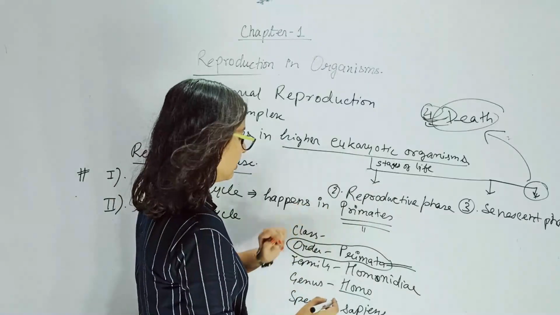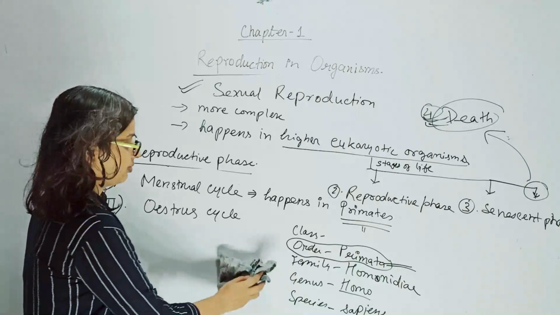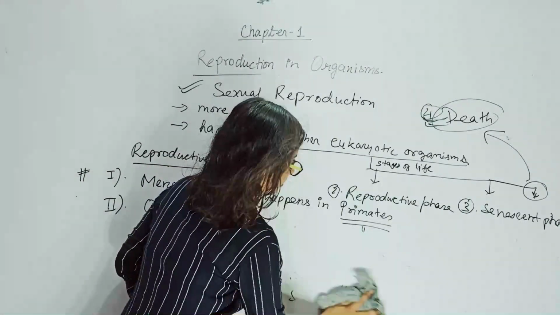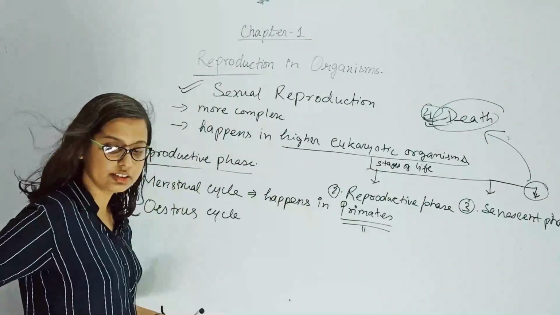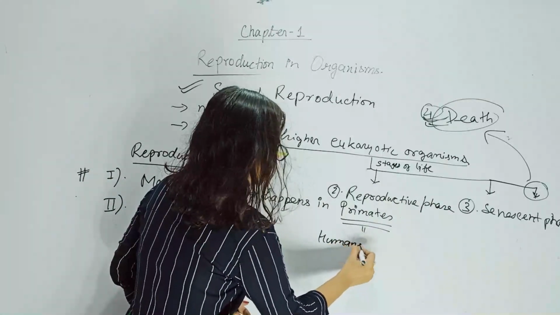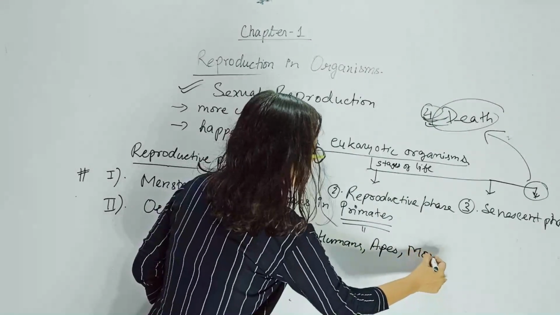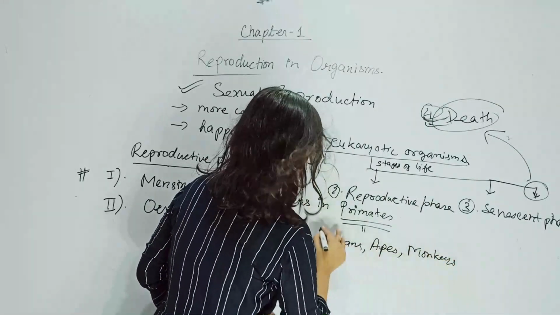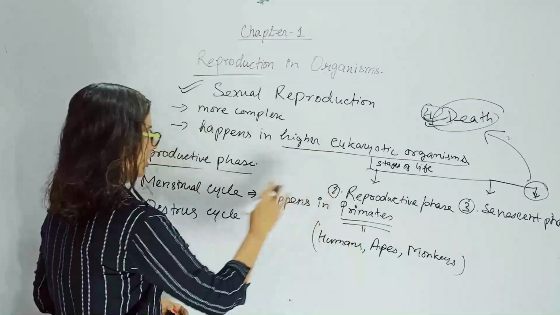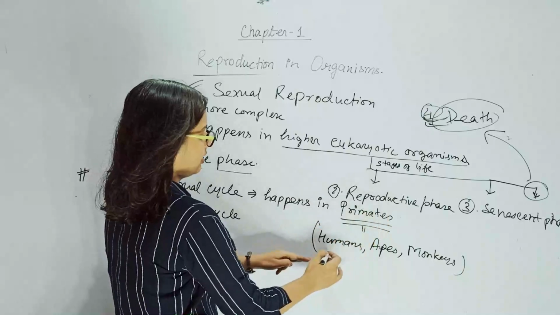For example, human beings are primates. Humans, apes, and monkeys, all these are primates. So the menstrual cycle happens only in the primates.